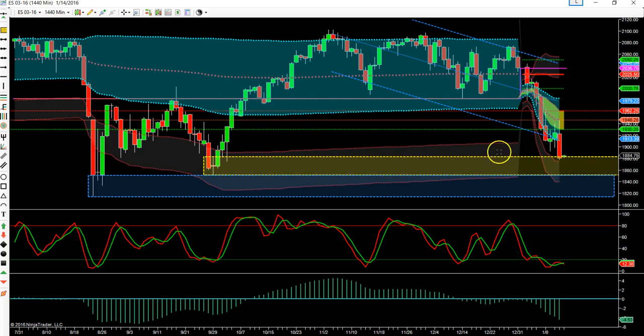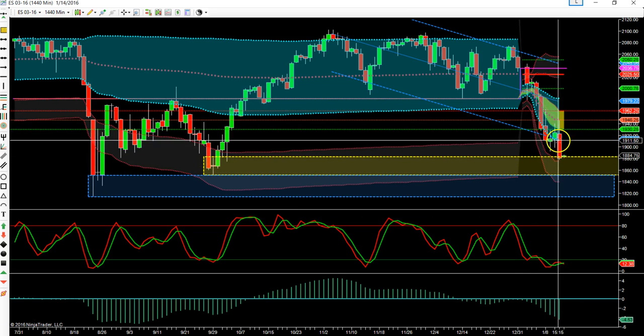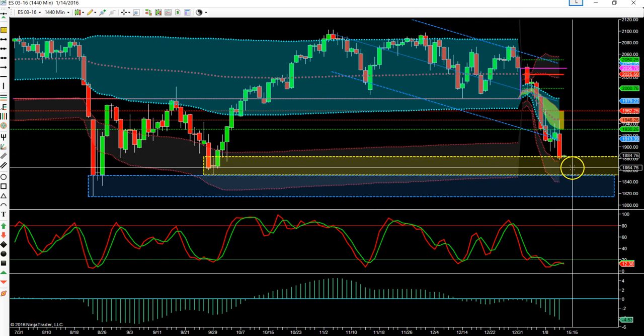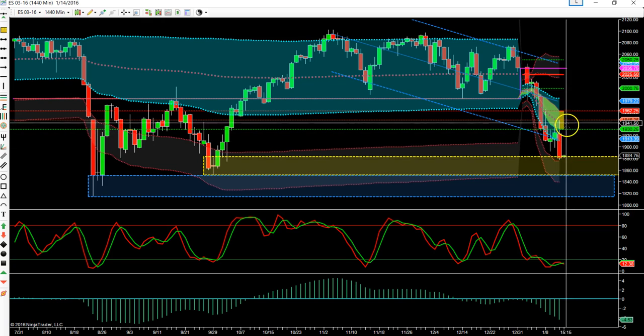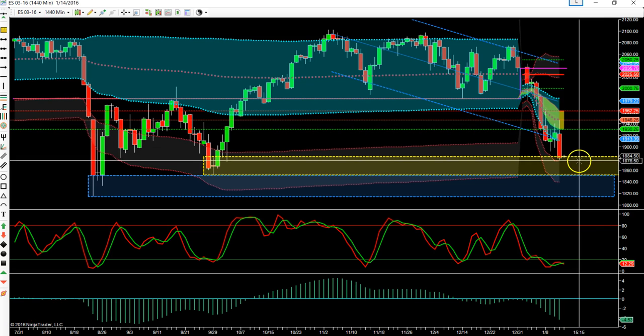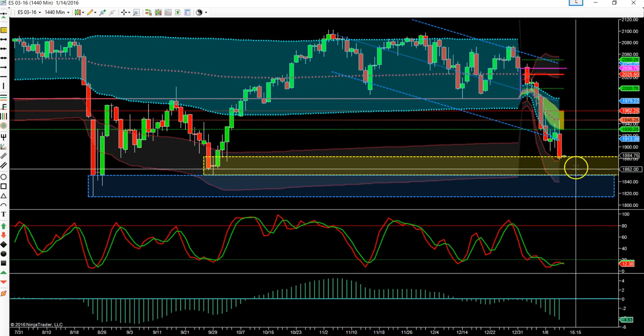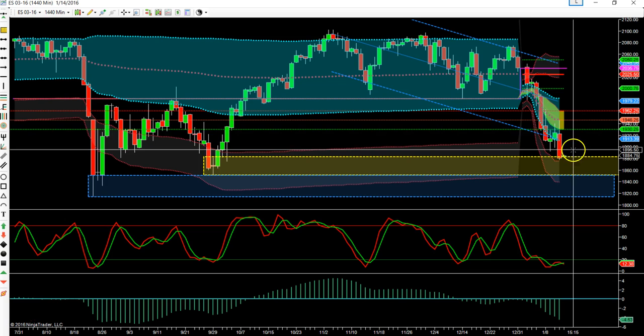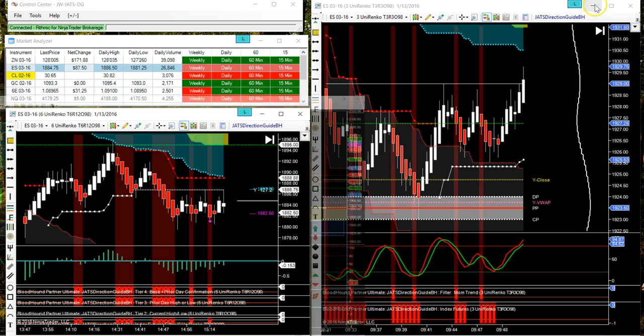So with my theory that we're so overextended out of this regression channel, I really am expecting a bounce back towards the yearly VWAP. So I'll be keeping my eye on some short-term price action and see how that goes.